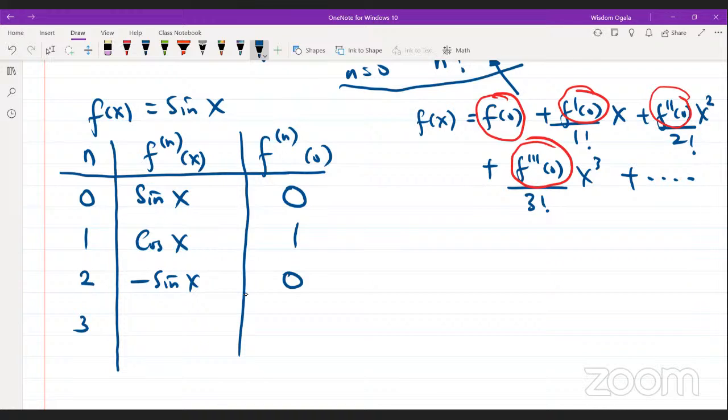So when n is 3, you differentiate what you have in step 2. You have negative cosine of x. What is negative cosine of 0? Negative 1. But keep in mind that for the original function, there is no differentiation.